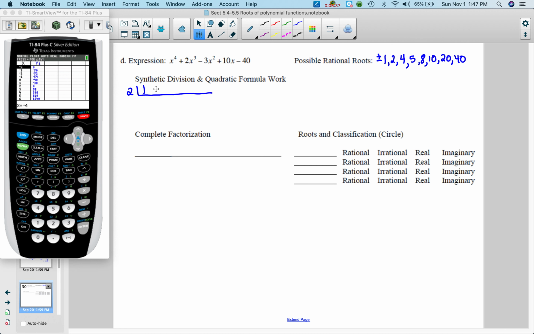So I have 1x to the 4th, 2x cubed, minus 3x squared, 10x, minus 40, and dividing with a 2. And we get 0, which is good. And then I said negative 4 works.